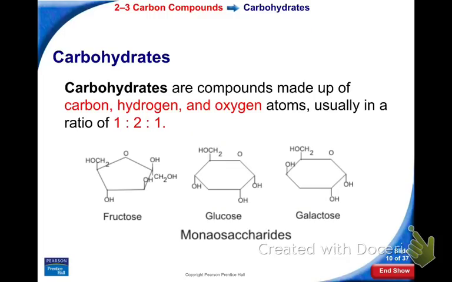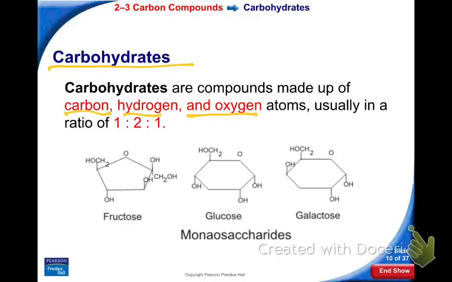So let's talk about our first category. You should be writing down the heading, carbohydrates. And underneath that heading, in your notes, indent a little bit, and write down what carbohydrates contain: carbon, hydrogen, and oxygen.